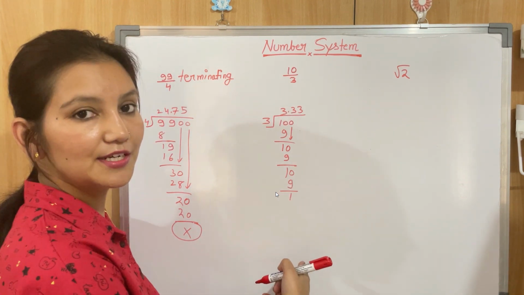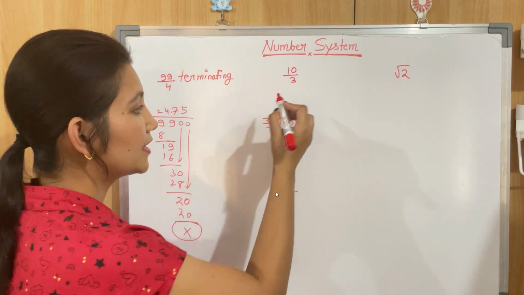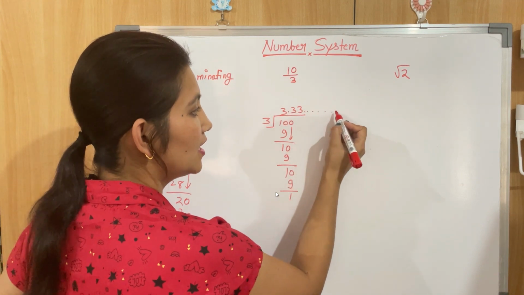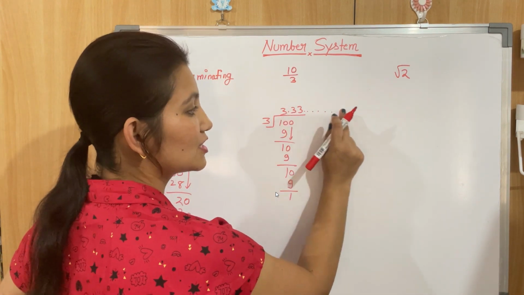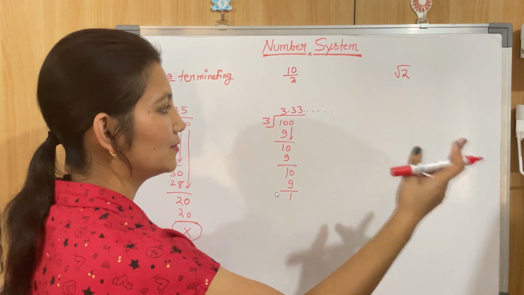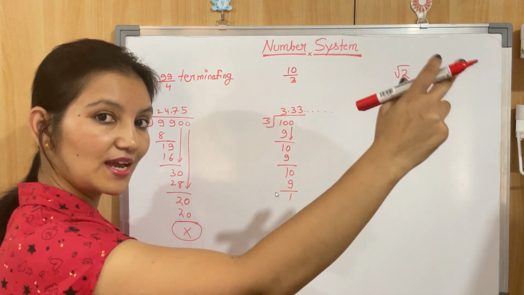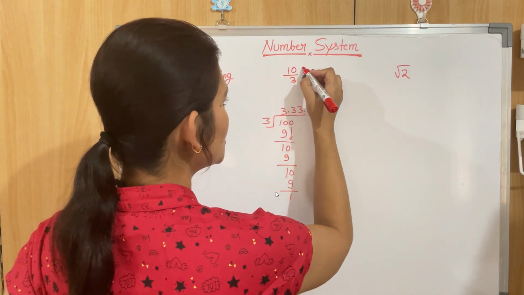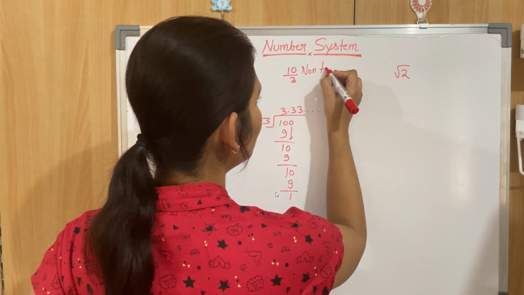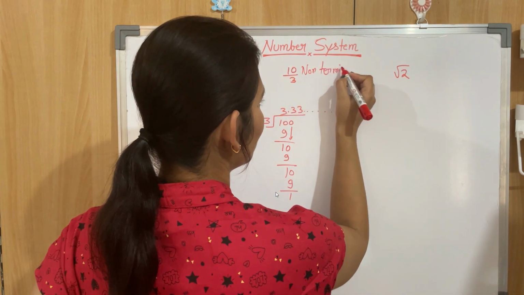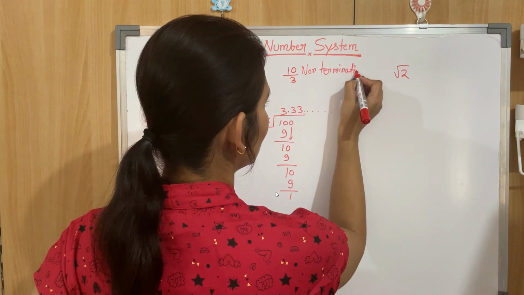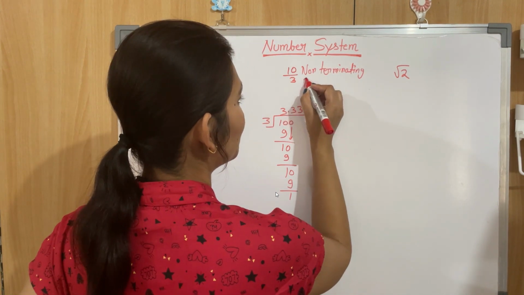It's non-terminating, but it is repeating. As you see, the decimal expansion is getting repeated: 3.3333 and so on. So this is non-terminating, but it's repeating.